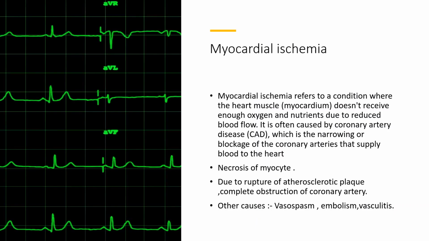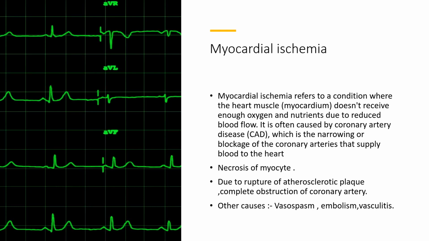Okay, guys, myocardial ischemia. What is myocardial ischemia? It is a condition where the heart muscle, the myocardium, does not receive enough blood supply and therefore undergoes necrosis. In my previous slide, I discussed angina. Angina is basically the reversible type of cell injury, and in this case it is an irreversible type of cell injury.